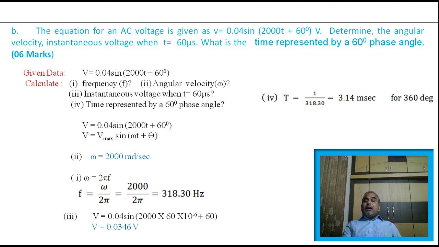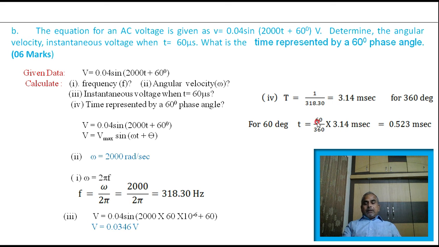One cycle corresponds to 360 degrees. For 360 degrees, the time taken is 3.14. For 60 degrees, what is the time? That is what you have to calculate. Therefore, for 60 degrees, t is equal to 60 divided by 360 into 3.14 millisecond, because for 360 it is 3.14.